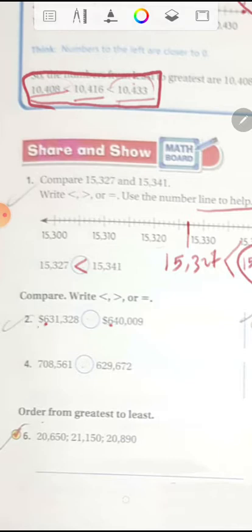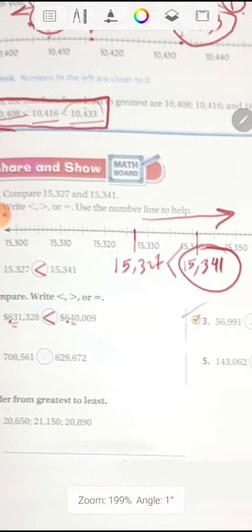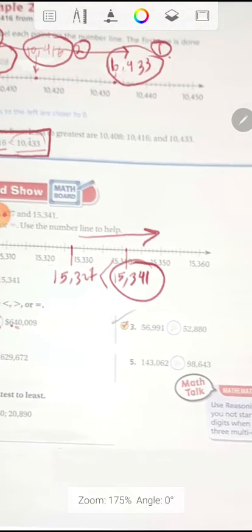So when they are equal, I have to move to the digit before it. The digit before it is 4 and 3. So which one is greater, 4 or 3? I think 4 is greater than 3. So I will stop here and put the symbol to the greater number. Now this is how you will find the answer.